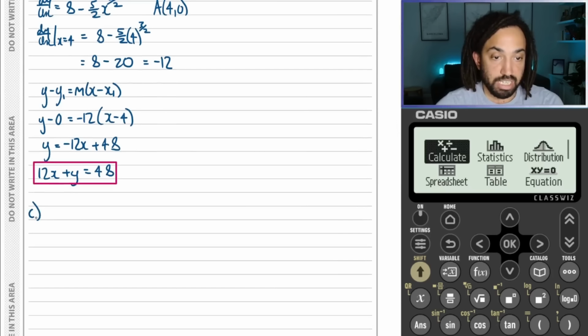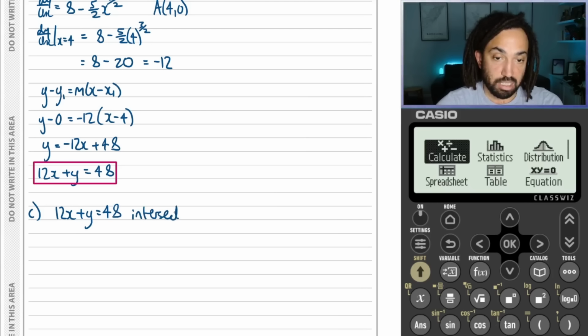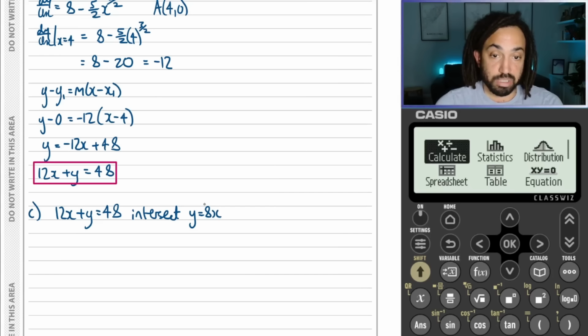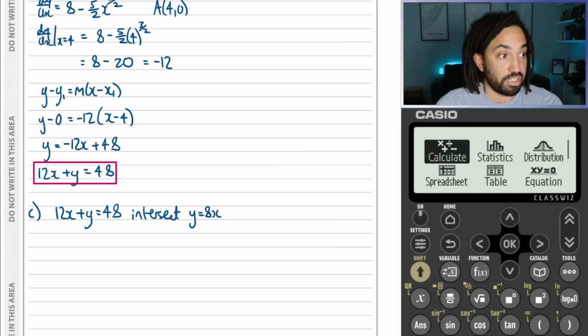So let's go and work out where the two lines intersect. We want 12x plus y is equal to 48 to intersect with the other line, which was y is equal to 8x. So we're just going to solve this simultaneously, and the easiest way is to substitute y here.